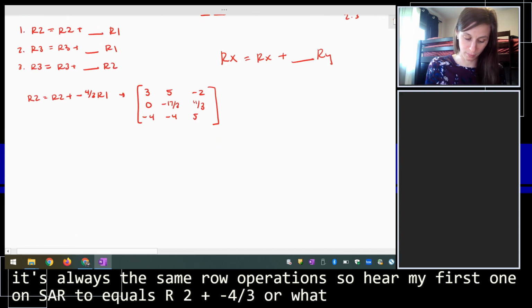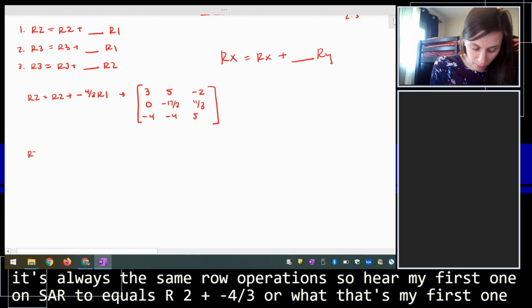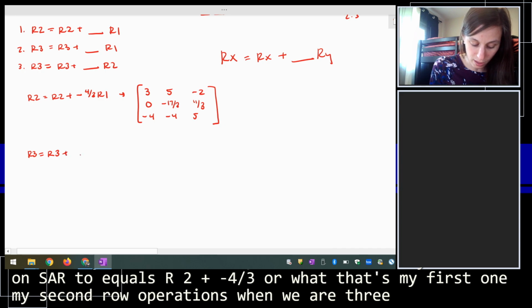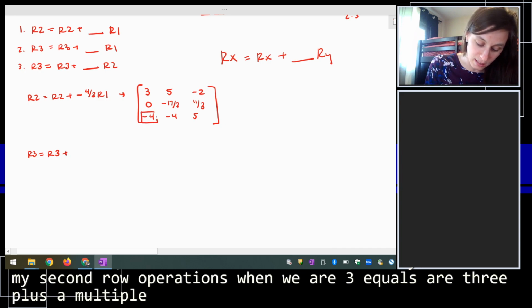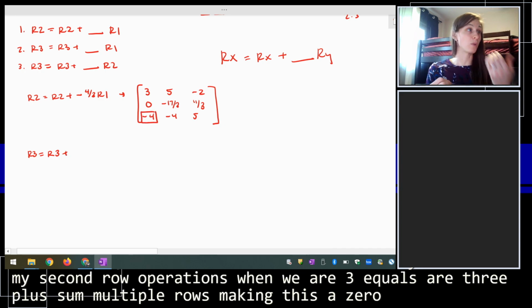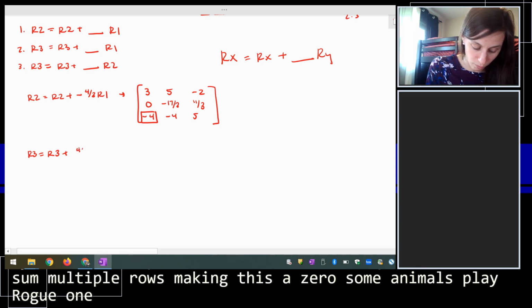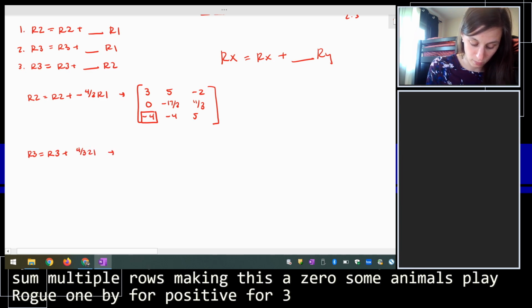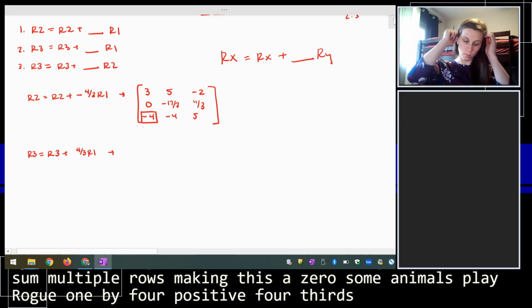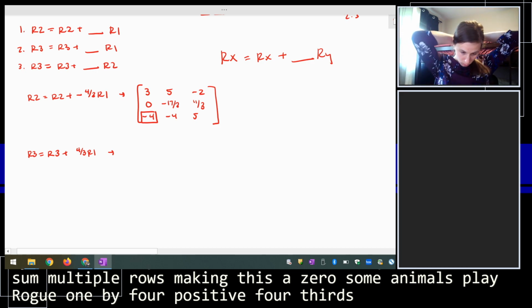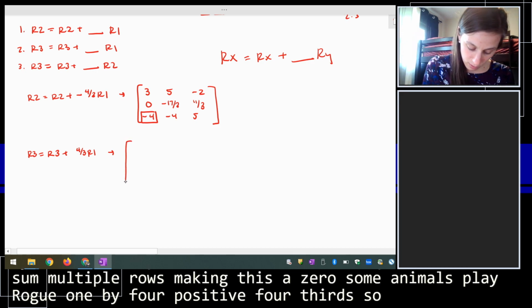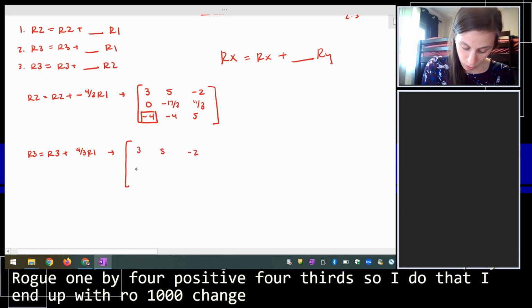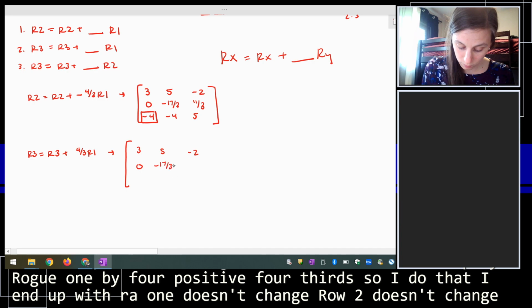That's my first one. My second row operation is going to be R3 equals R3 plus some multiple of row 1. I'm making this a 0. So I'm going to multiply row 1 by positive 4/3. When I do that, row 1 doesn't change. Row 2 doesn't change.